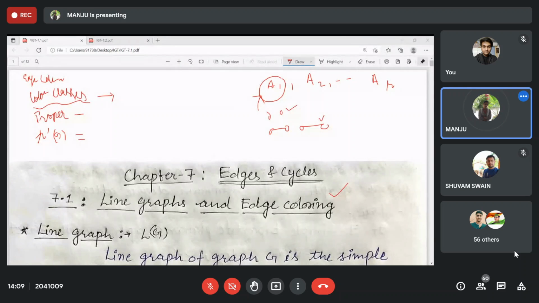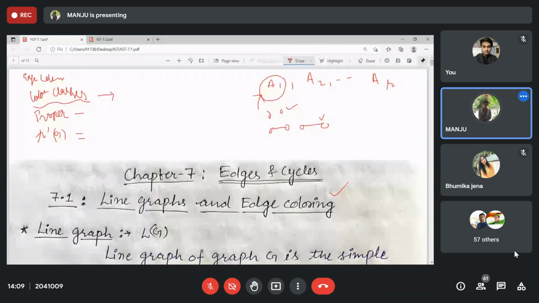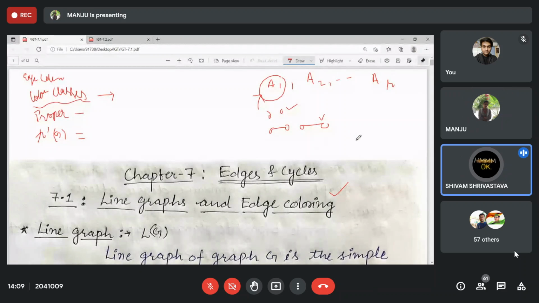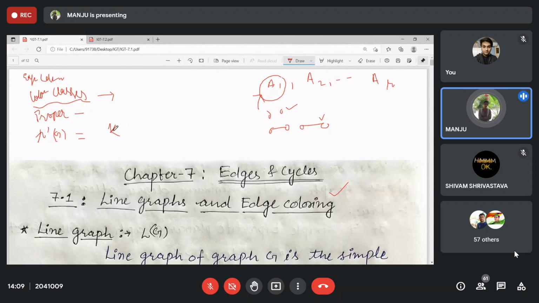Least value of k for which the graph is k edge colorable, minimum k. So that is your edge chromatic number. One other name is your chromatic index.